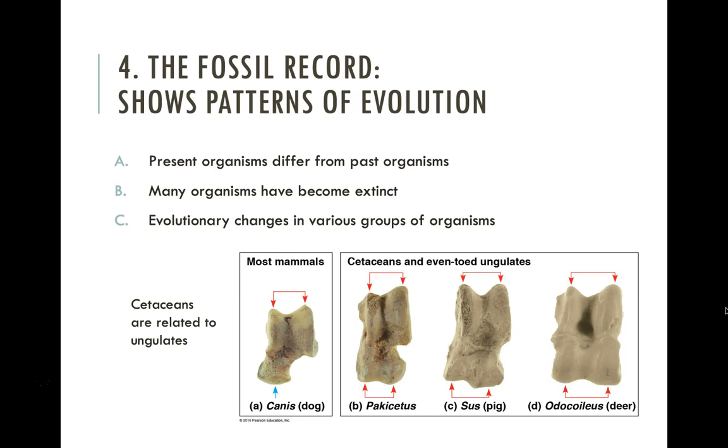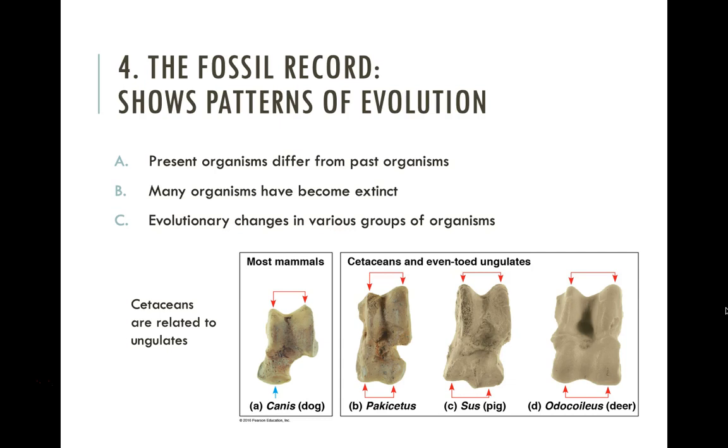Based on the structure of this bone, it was proposed that cetaceans, which are your whales and dolphins, are actually most closely related to even-toed ungulates. These are going to be deer and pigs and things like that. Cetaceans look quite different from other mammals, and so it was hard to determine where they were related. Where did they actually come from?